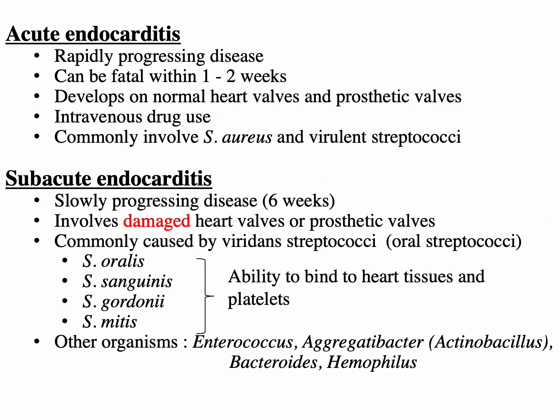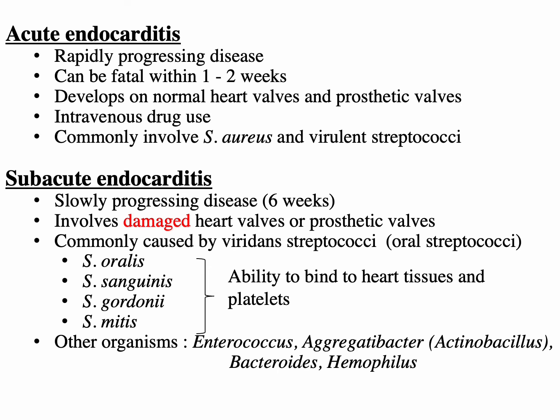The difference between acute and subacute endocarditis is obviously the speed of the disease. Acute is rapidly progressing, while subacute endocarditis is slowly progressing, over 6 weeks versus 1 or 2 days in acute endocarditis. The second difference is the state of the heart valve or heart surface.